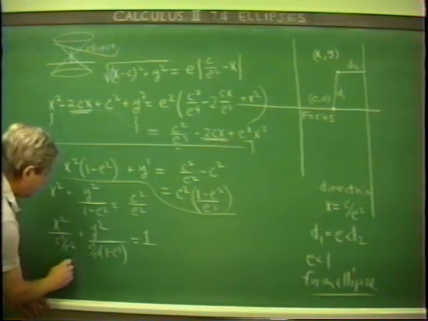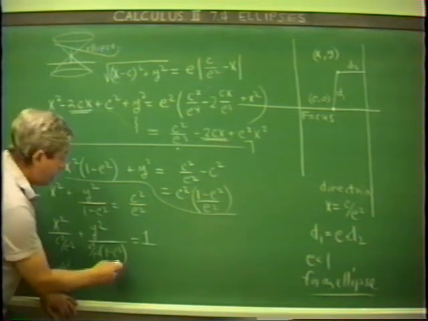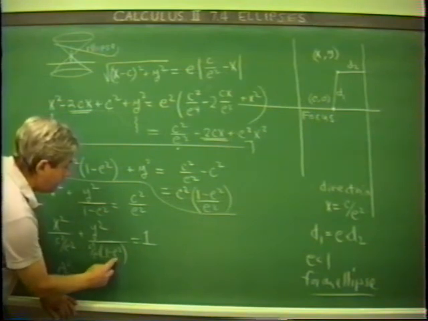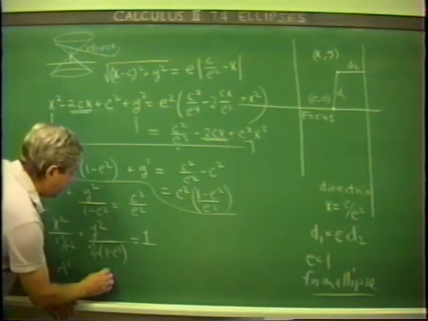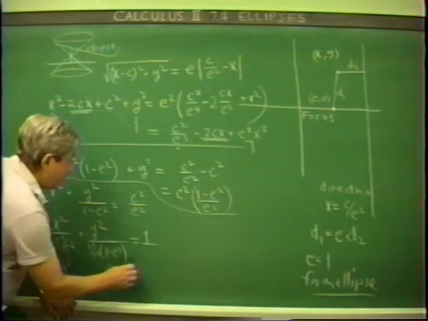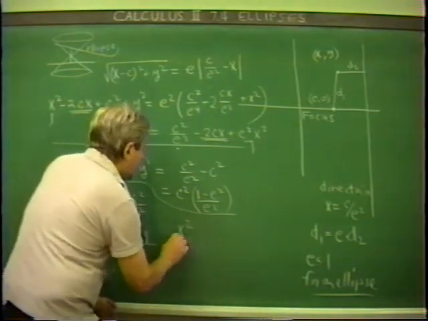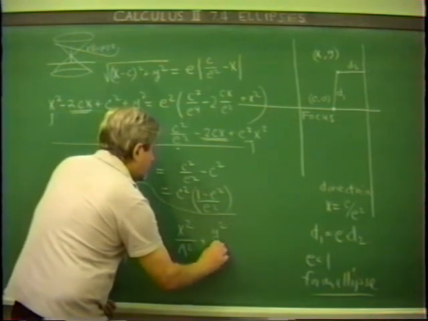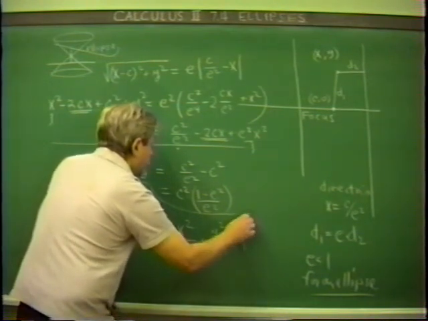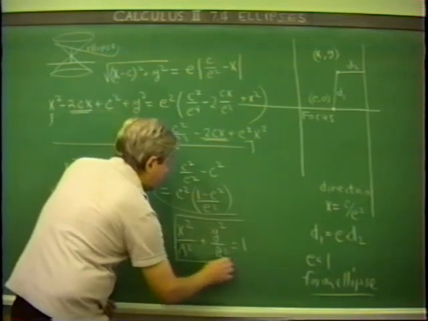And now what I want to do is replace this with a squared, since it's a positive quantity. Since e is less than 1, 1 minus e squared is positive, so this is a positive quantity. I'm going to replace it by b squared. And I'm going to get then for the general equation, x squared over a squared plus y squared over b squared is equal to 1.